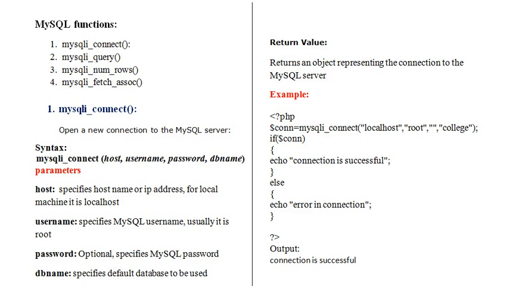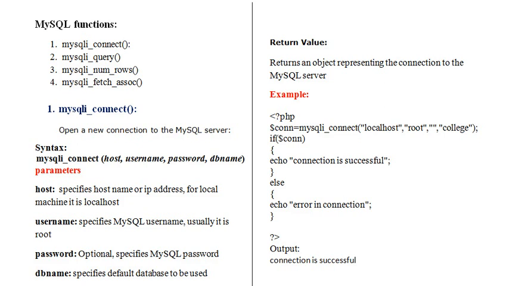Now if the connection is successful and all these four values are correct, then the connection object will be returned. If the connection object is returned, then the if condition will be satisfied and the result will be connection is successful. If something is wrong in these four parameters, then the connection object will not be returned, so $con will contain a null value.